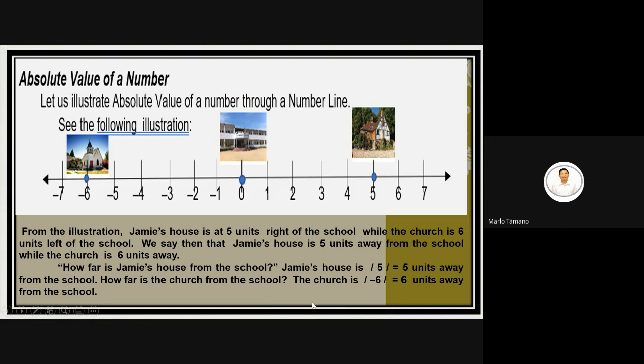The absolute value of 5 is 5 units away from the school. How far is the church from the school? The absolute value of -6 is 6 units away from the school.